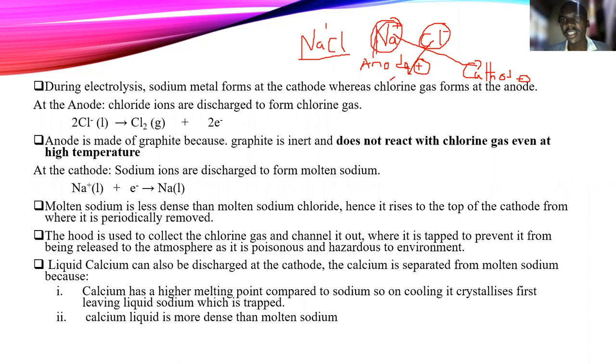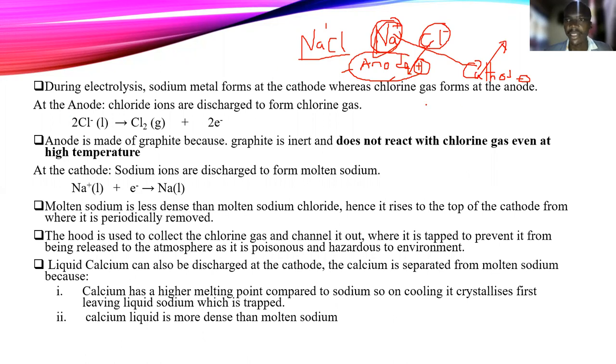So when this one is attracted to this, what will be formed here is the metal, which is sodium, which in our case is what we wanted to extract. Then we have also the chlorine gas, which will be formed at the anode, because the chloride ion will be discharged at the anode.